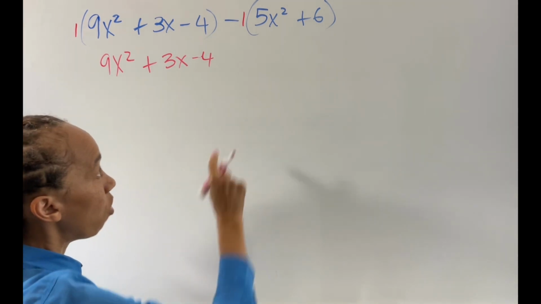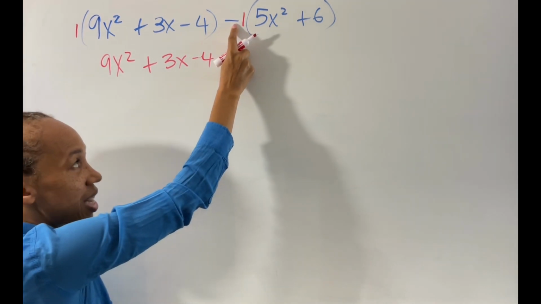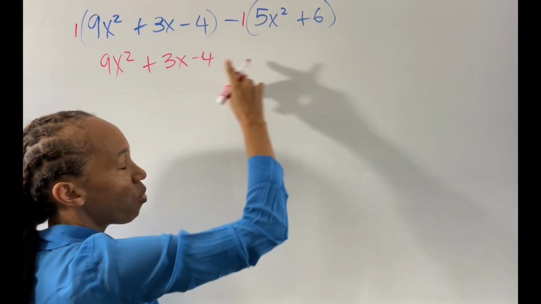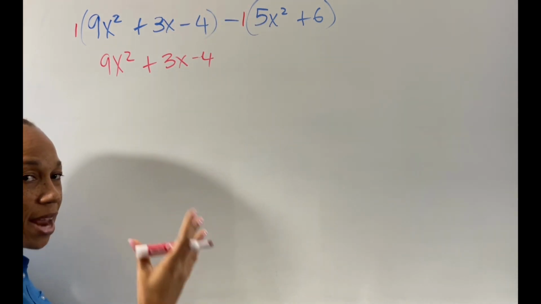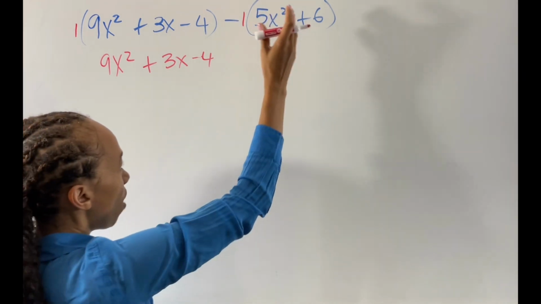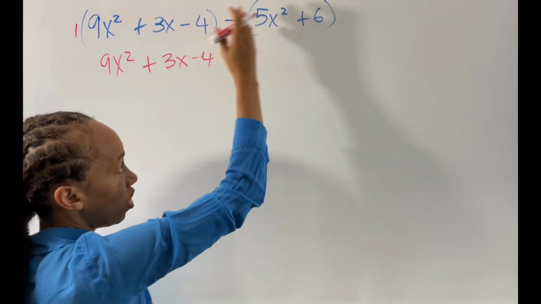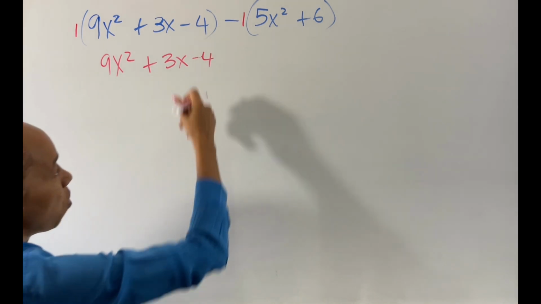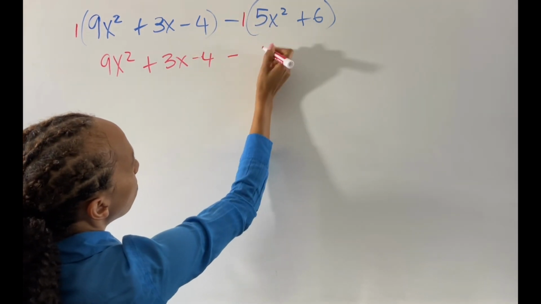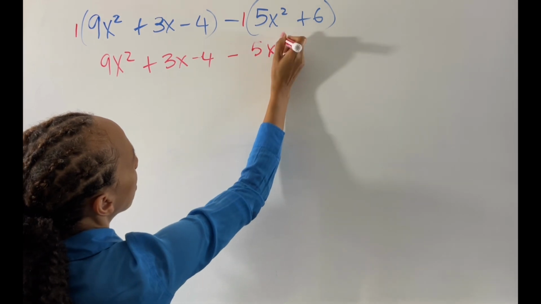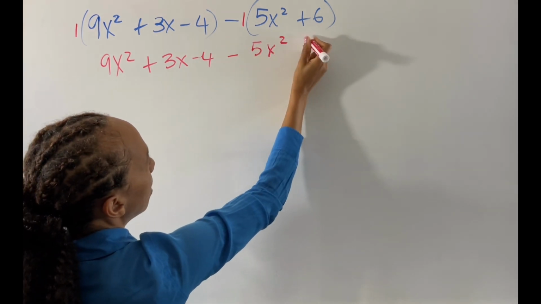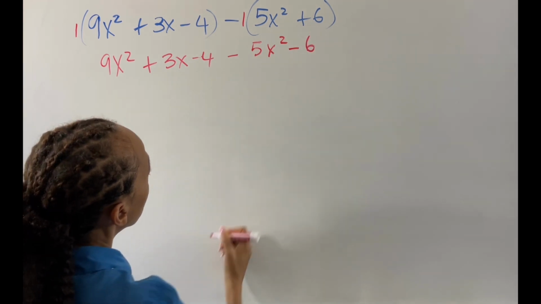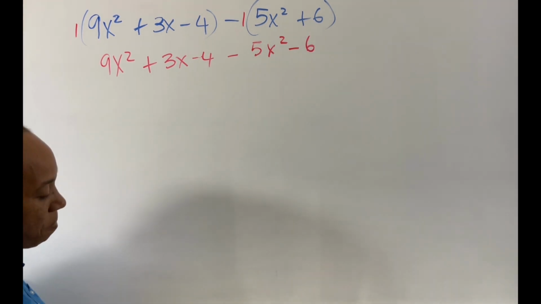But remember, once you are subtracting, whether it's subtracting a binomial or a trinomial, the signs change because you're using the distributive property. So now you end up with minus 5x squared, and that is going to be minus 6. So you can go ahead and combine your like terms.